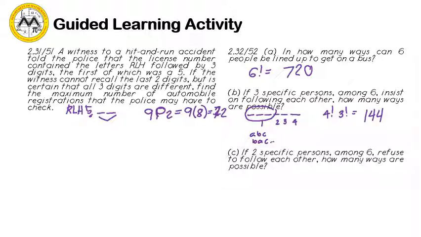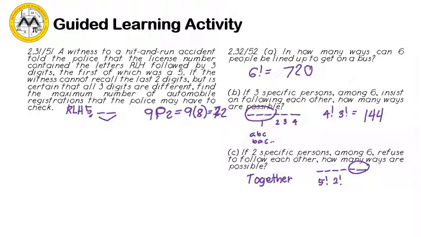Now this time, two specific persons among 6 refuse to follow each other. How many ways are possible? So first, let's consider them being together. So in that case, it would be 1, 2, 3, 4, 5, 6, grouping the two together. So that would be a total of 5 factorial, and then the arrangement of these two would be 2 factorial.